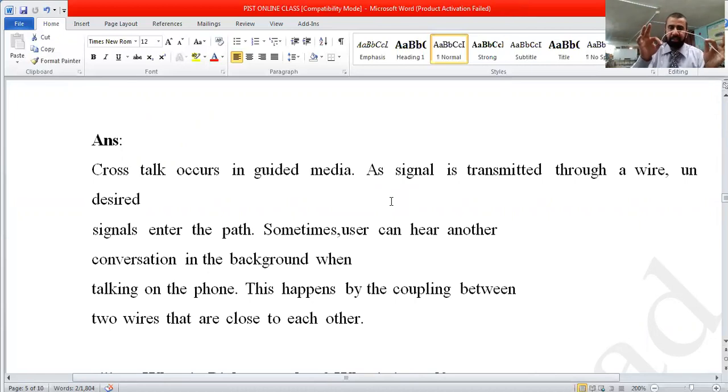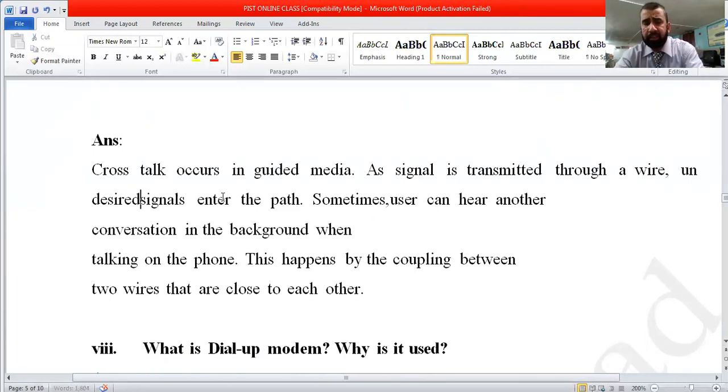As a signal is transmitted through a wire, when you have a connection from one computer to another through a wire, a cable is involved.